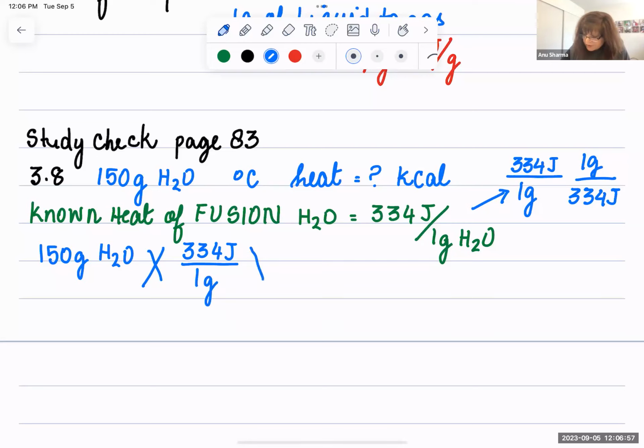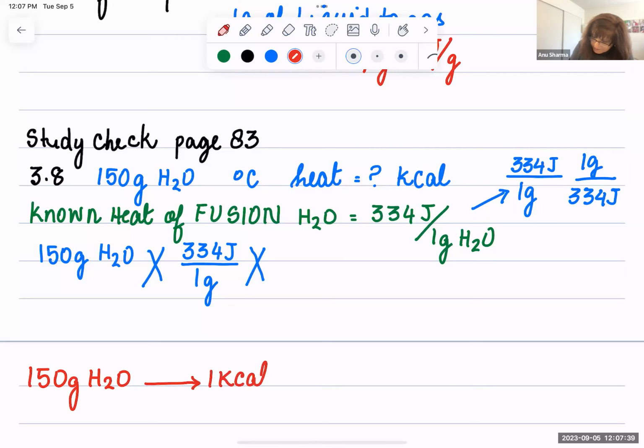Then we continue, because the question is asking for kilocalories. What is the relationship between joules and calories? This might be a little confusing. 150 grams of water is given, and you need to find the kilocalories.